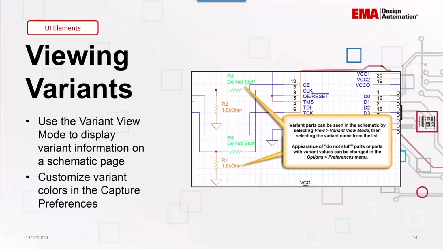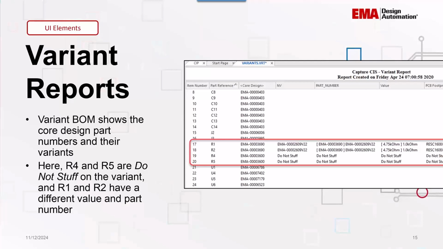You can even view the changes of those variants in your OrCAD environment, and you can print this out as a PDF and an intelligent PDF as well. So here, R4 and R5 are color-coded to show that they're set as do not populate for this variant, and R1 and R2 are color-coded to show you that they're set to a different manufacturer part number. And of course, you want the confidence to be able to say, hey, this variant doesn't cause a change in any board functionality.